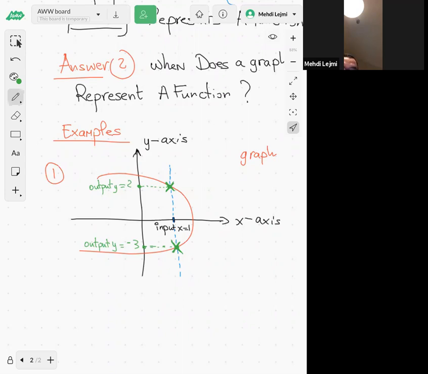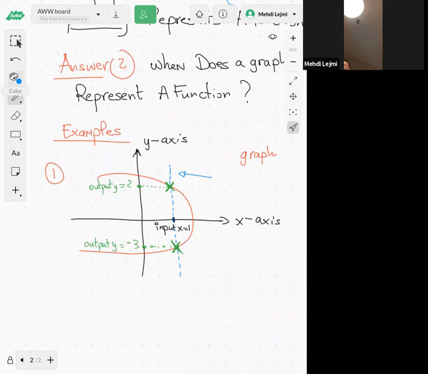Because this blue vertical line intersects the graph at 2 different points, and those 2 different points will be the outputs y.